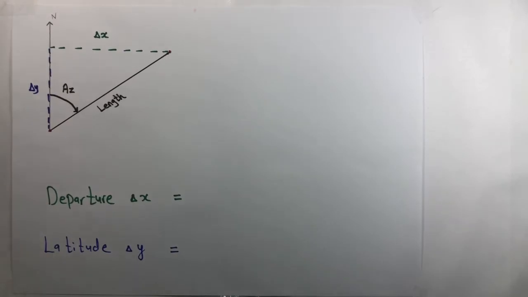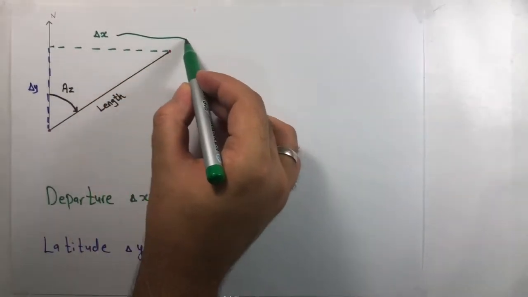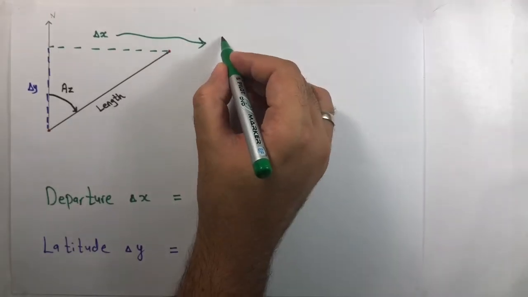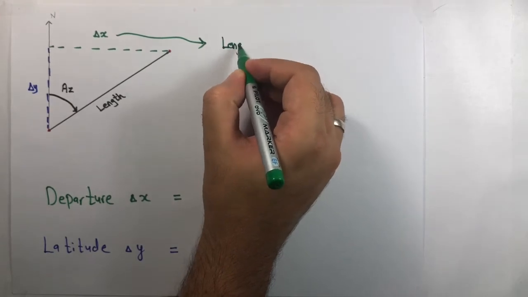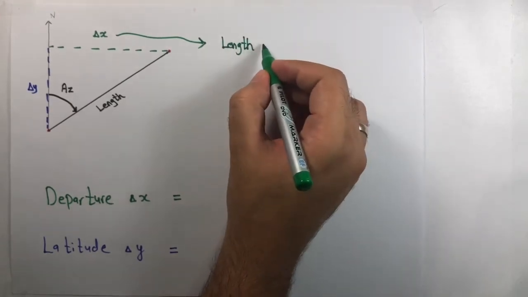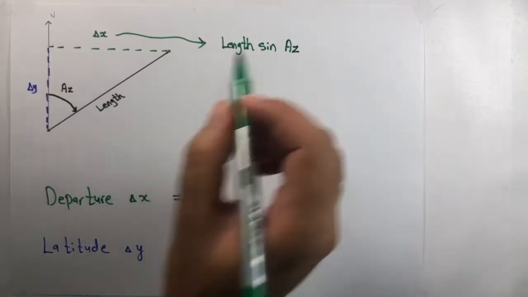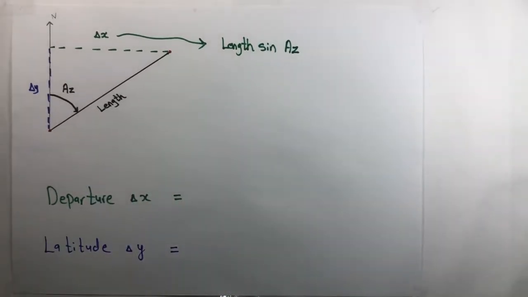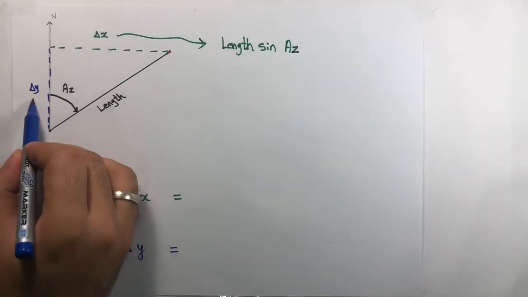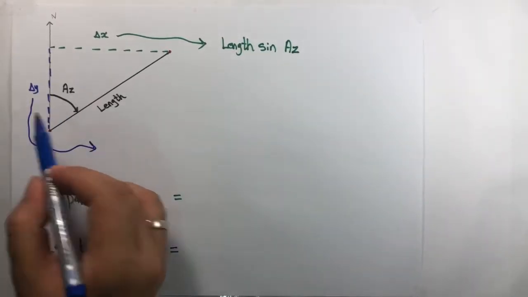Now to get this delta x, we can say that this is length sine azimuth, and we are going to find the y.